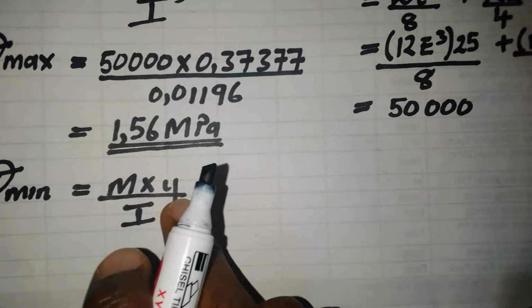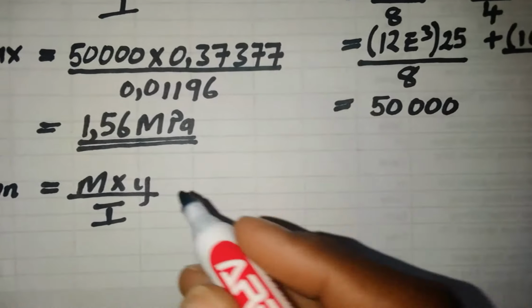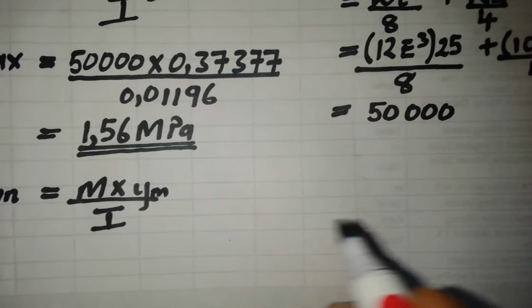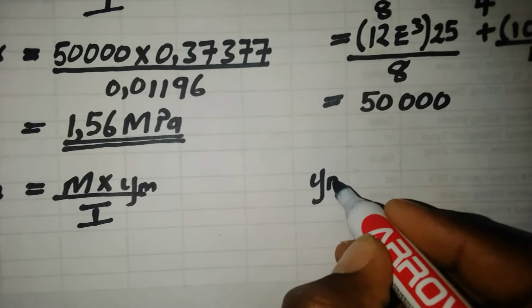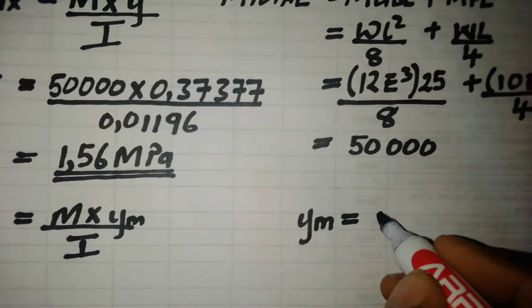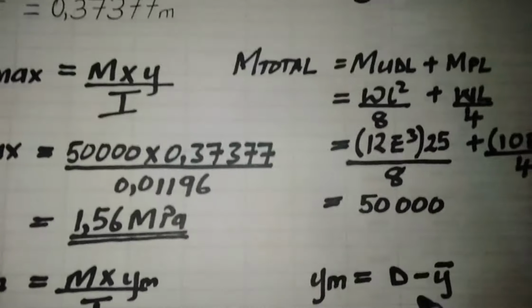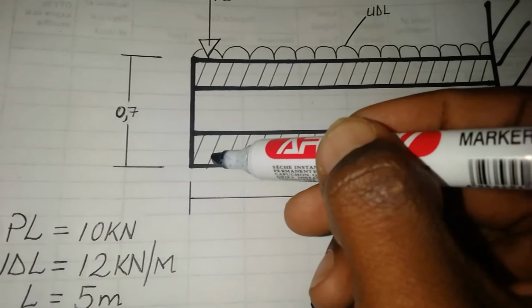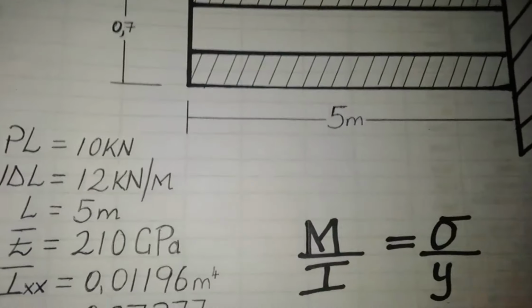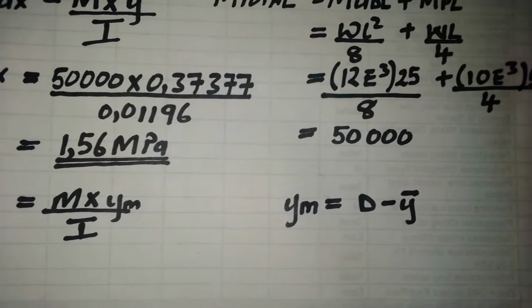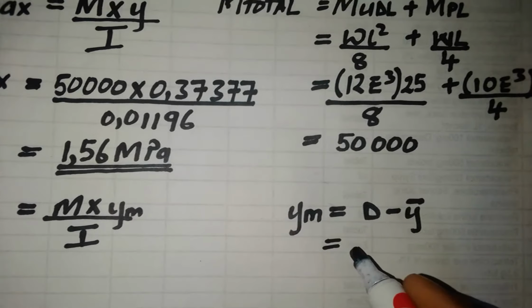That is, this Y for minimum stress will be, let me say Ym for Y for minimum. Ym is equal to d subtract Y bar. What is d? d is the height of the beam, that is 0.7 meters, and Y bar is the centroid.